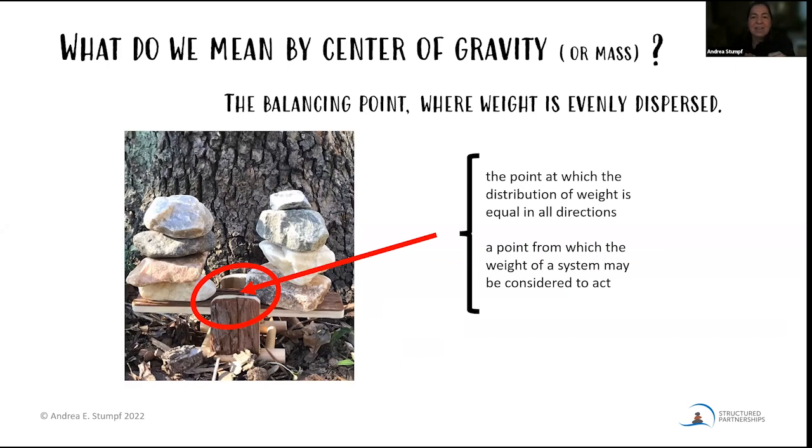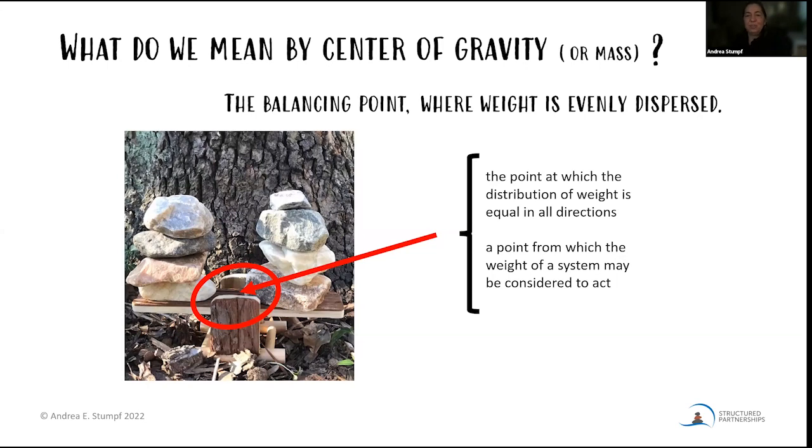Again, balance. And a way of describing it that I really like is that it's a point from which the weight of the system may be considered to act. And I like that way of describing it because it's very action oriented, and that seems to fit very well in the context of these partnership programs.